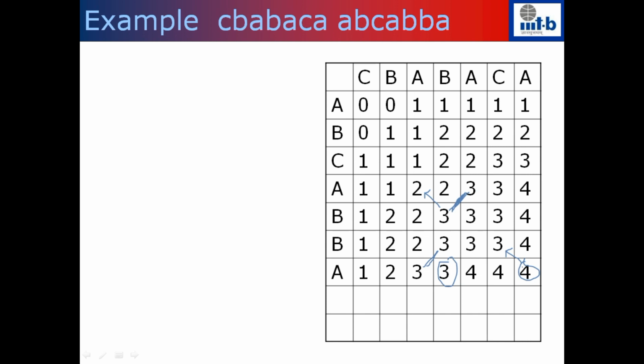So finally, L of m comma n will be the length of the longest subsequence, which in this case happens to be of length 4. Let's quickly look at the code for it.